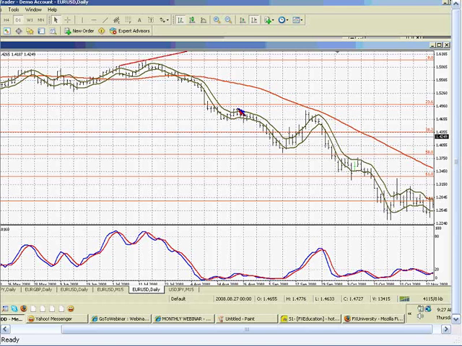Now, if the price returns to the previous swing low, provided that your longer MA is still down, could you possibly trade a resumption of the downtrend, provided your more stable trend is indeed down?